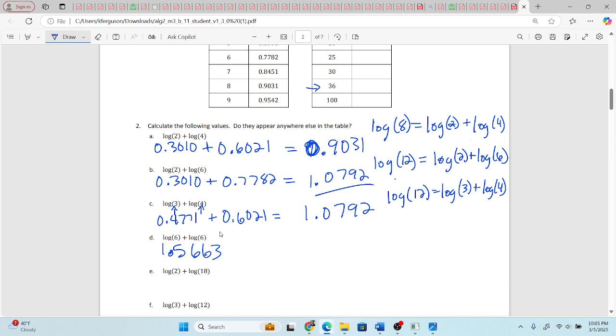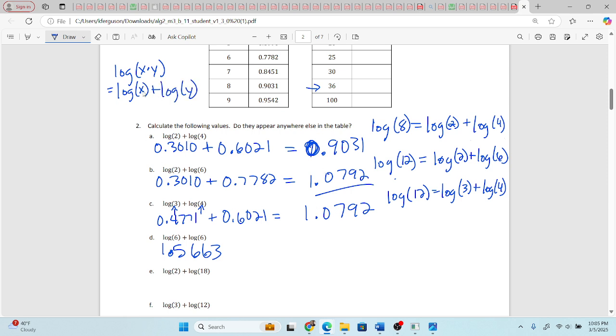I can almost guarantee it's going to be that. And why? Because of the product rule for logs: if I have the log of x times y, that is equal to the log of x plus the log of y. And that's what I got going on.